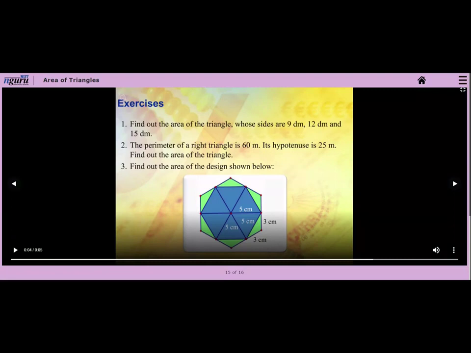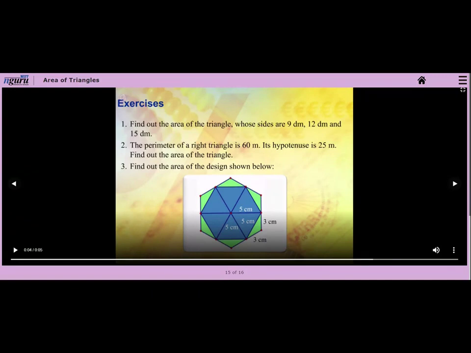Okay. Try that. And then there is a design given here. You have to find the area of the design. Now you have to find the area of the blue part and the green part and then add it up.